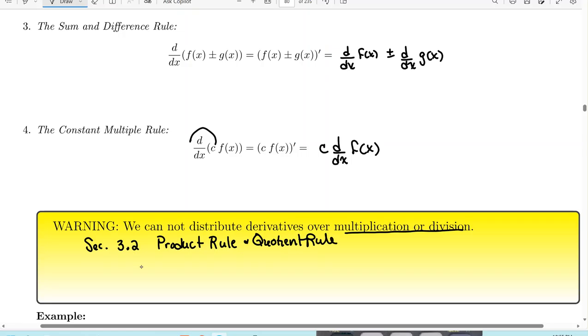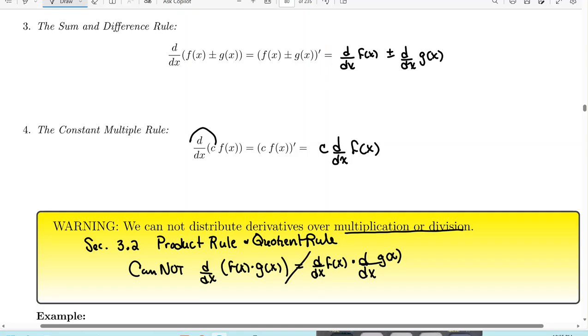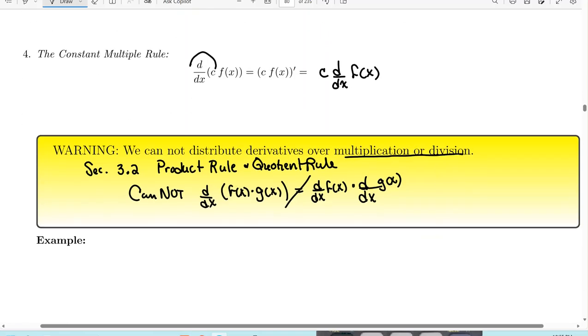But you cannot take the derivative of f of x times g of x and say that it's the derivative of f times the derivative of g. And we'll see why, like I said, in the next section. But we have a specific rule that allows us to take derivatives of products and quotients.